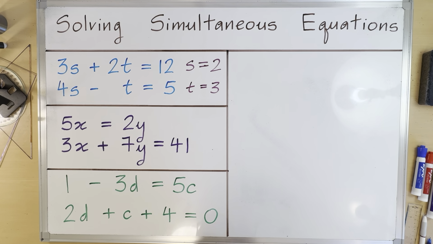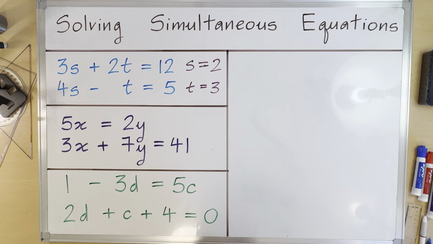So in order to make 2 and 7 14, we have to multiply the first equation by 7, and we have to multiply the second equation by 2.